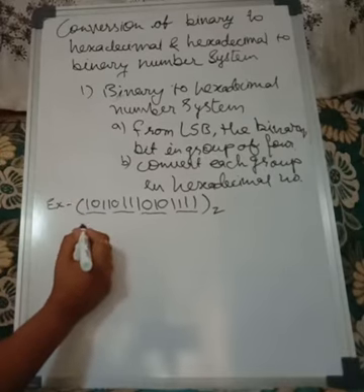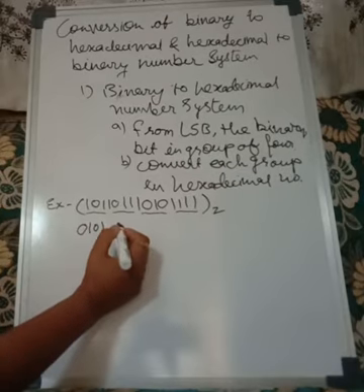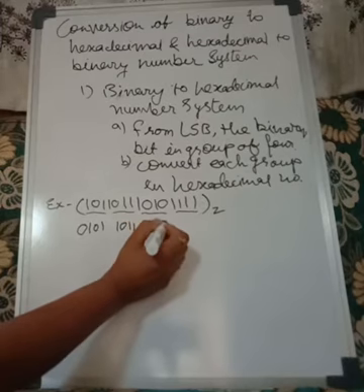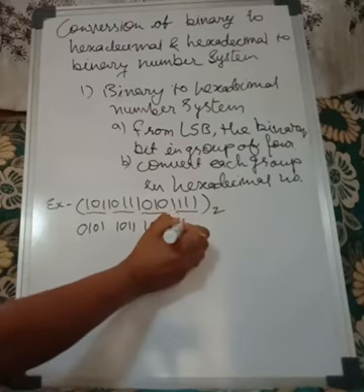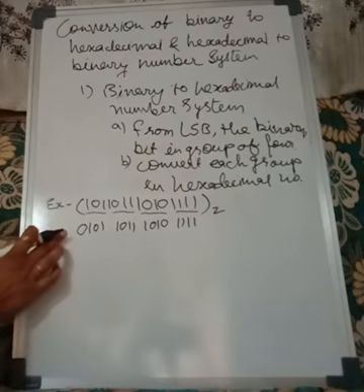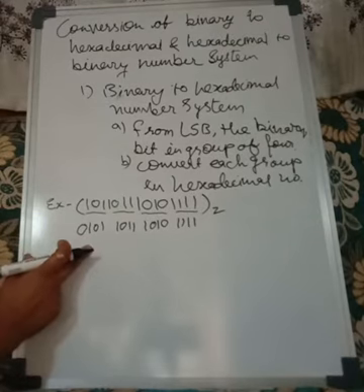So the number becomes 0 1 0 1, then 1 0 1 1, then 1 0 1 0, and finally 1 1 1 1. Okay, so this is the first step we had done. From LSB we had made a group of 4.